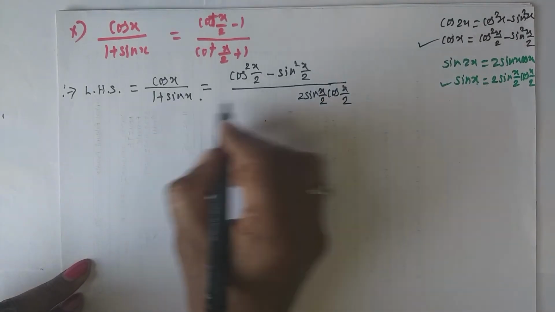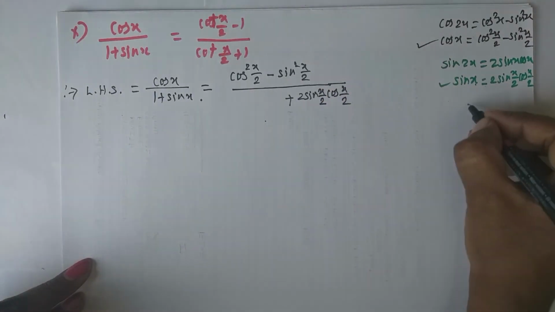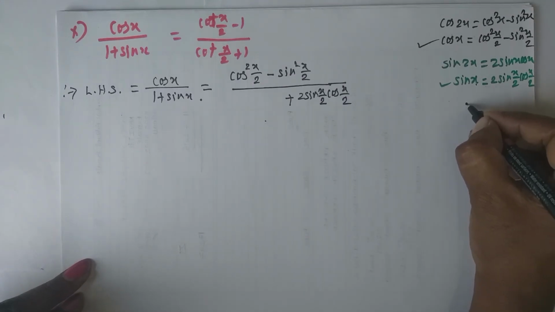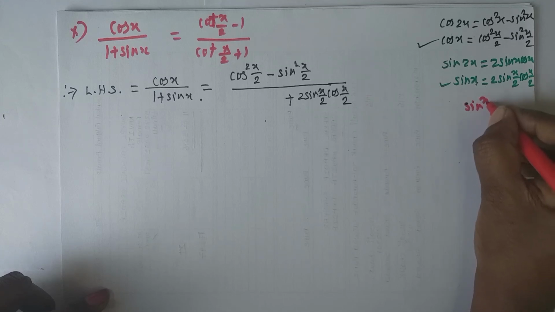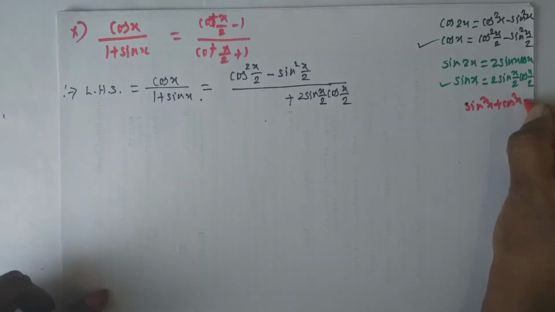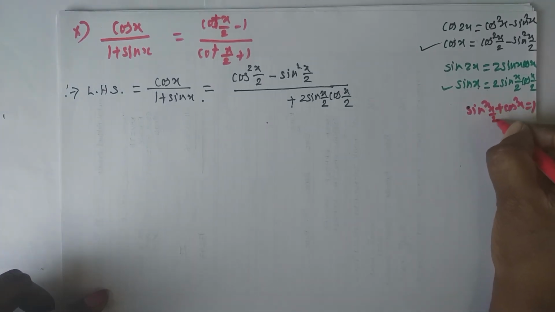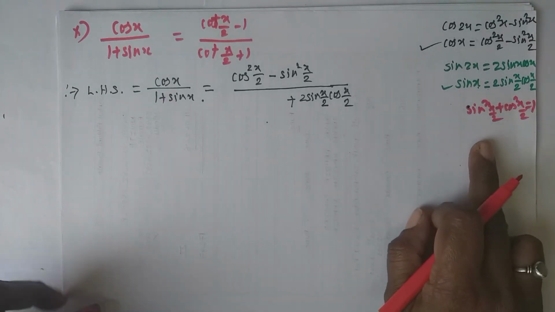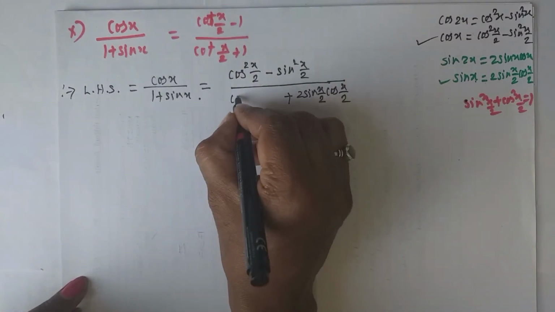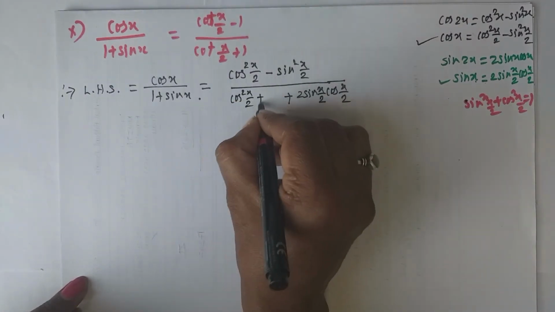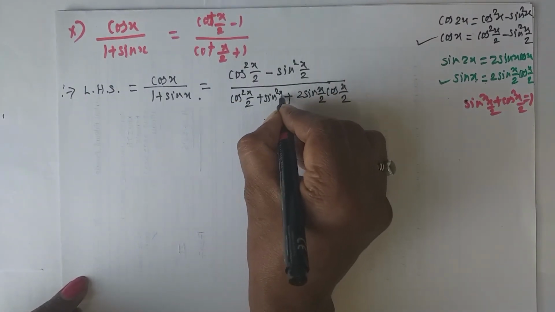And what about this one? For this one, I am using our first identity. From the first identity, I know that sin square x plus cos square x is 1. And if I write here angle x by 2, then this identity becomes like that. For this one, I am writing cos square x by 2 plus sin square x by 2.